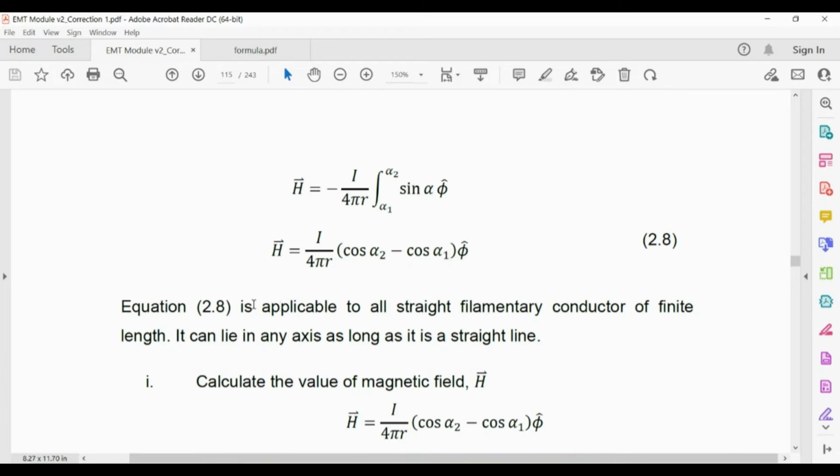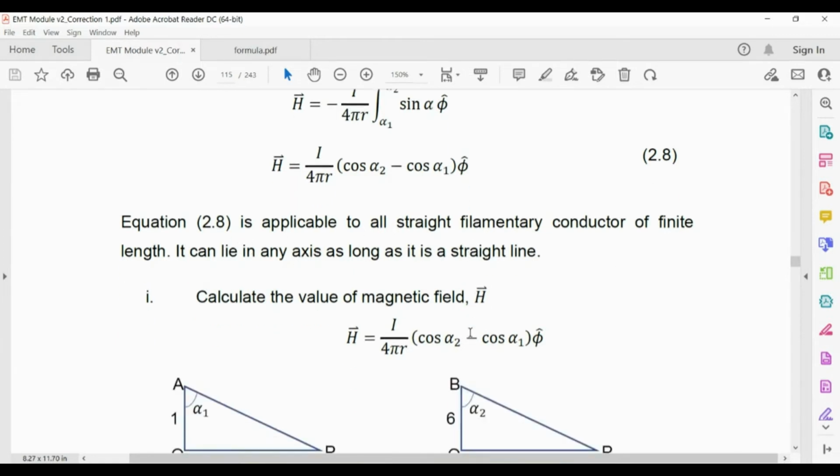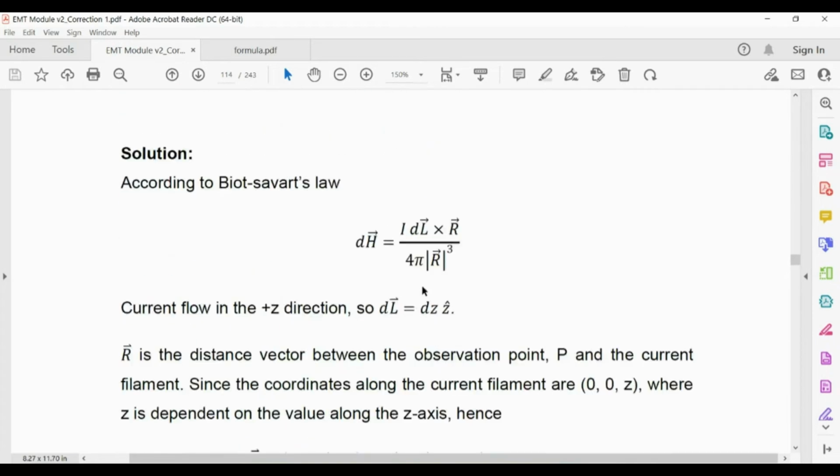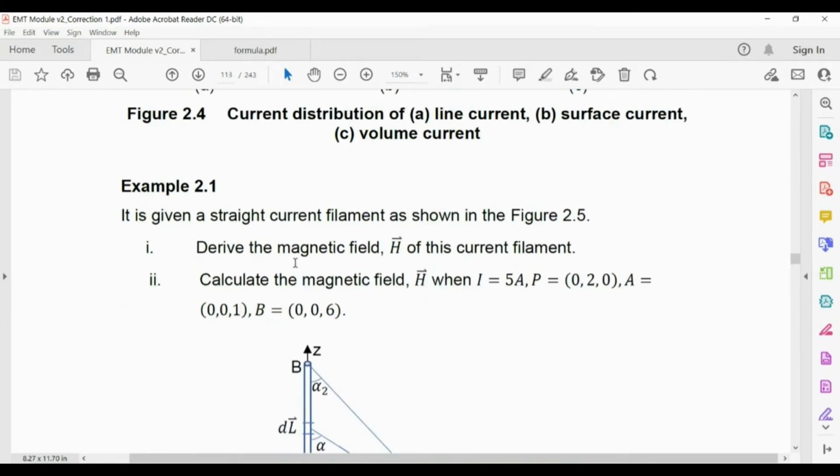Equation 2.8 is applicable to any straight filament conductor of finite length. Remember, it is finite length. It can lie on any axis as long as it is a straight line. So this is about the derivation.